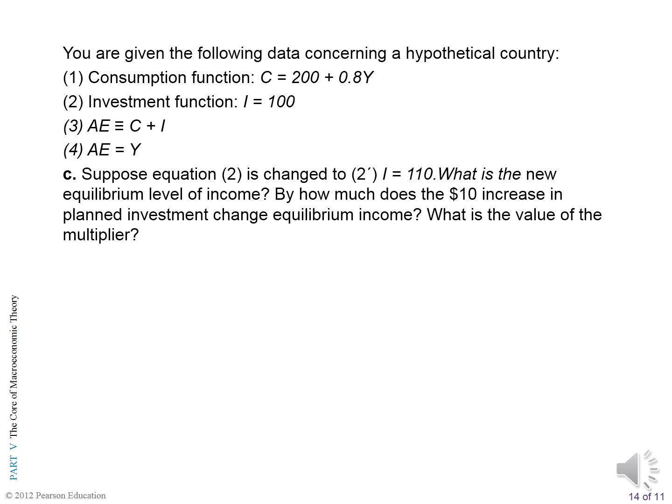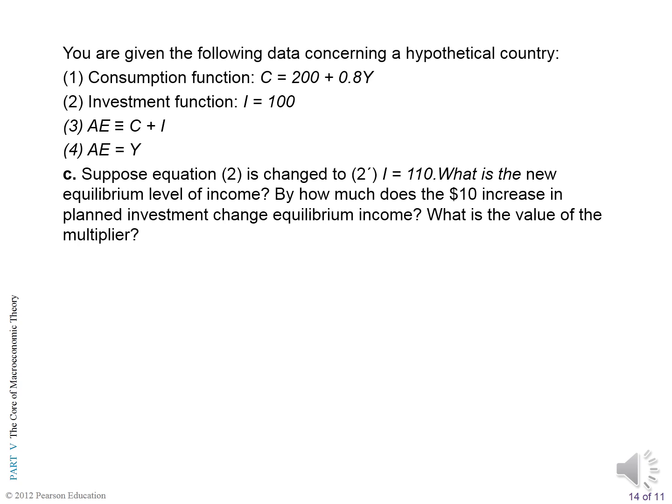Assume equation 2 is changed to I equals 110. What does that mean? It's as if it says that if investment increases by 10, what is the new equilibrium level of income. Now let's calculate the value of the multiplier: 1 over the marginal propensity to save, so 1 over 0.2, which is 5. The value of the multiplier equals 5.